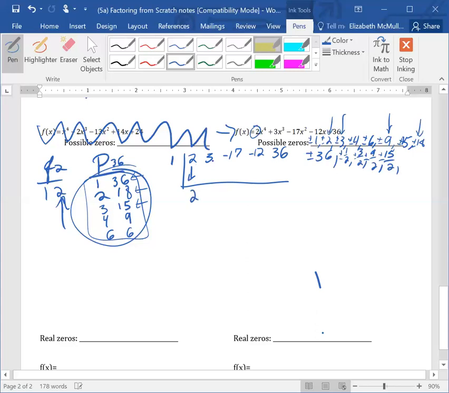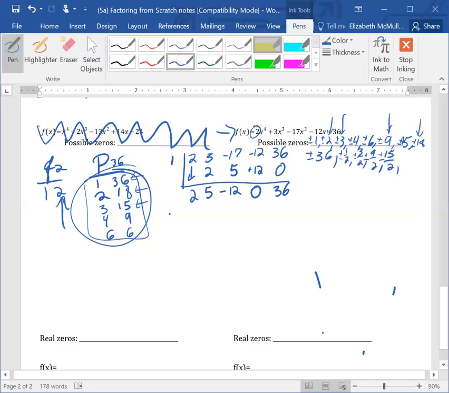Bring down the 2. 2 times 1 is 2. 3 plus 2 is 5. 5 times 1 is 5. Negative 17 plus 5 gives us negative 12. Negative 12 times 1 is a positive 12. Negative 12 plus 12 is 0. 0 times 1 is 0. Yeah, 36. Okay. Positive 1, not a zero.